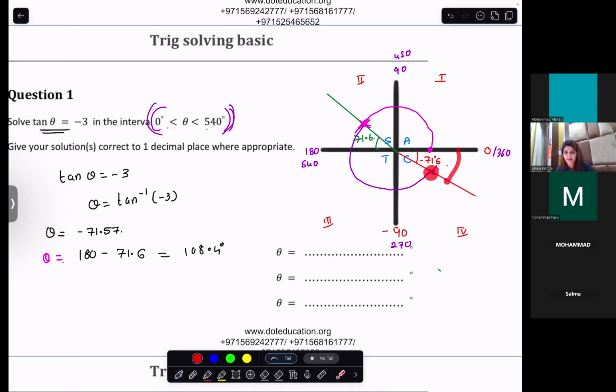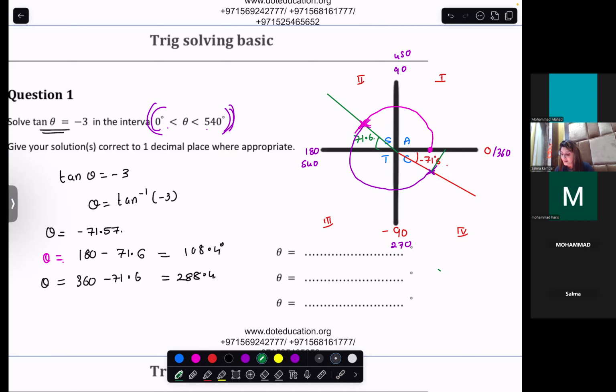Will it be 360 minus theta? Yeah, it'll be 360 minus theta. 360 minus 71.6, which gives 288.4. I'm going ahead. I reach over here. I complete one unit circle, which is at 360. Are you all with me?